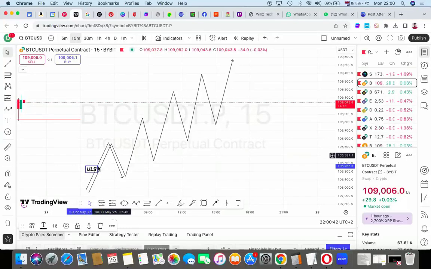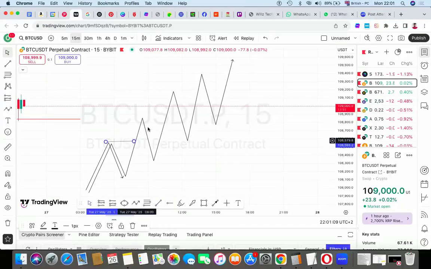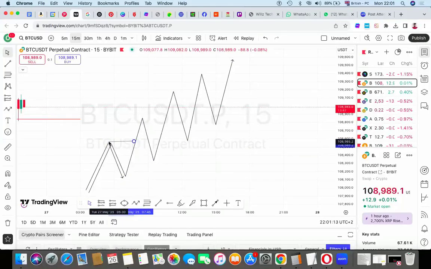I don't even need to type this up, but yes, it does an impulsive move to the upside, then it does its pullback phase to the downside, and then this high here. Then when it does another impulsive move to the upside, it breaks the recent high, and then we have the break of structure. So we have something like this. When the market creates new highs, this recent high is no longer valid.